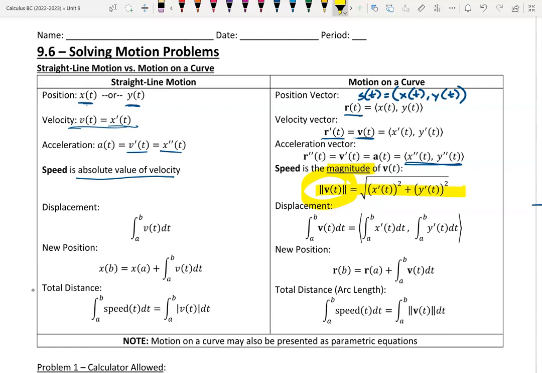Displacement is just our standard definite integral of velocity, and it's the same thing here, but again, if we're taking the displacement, then we just have to split it between both our x and y components.